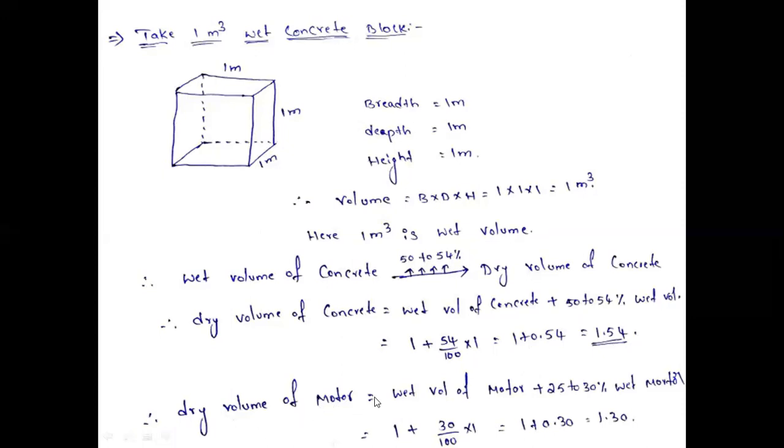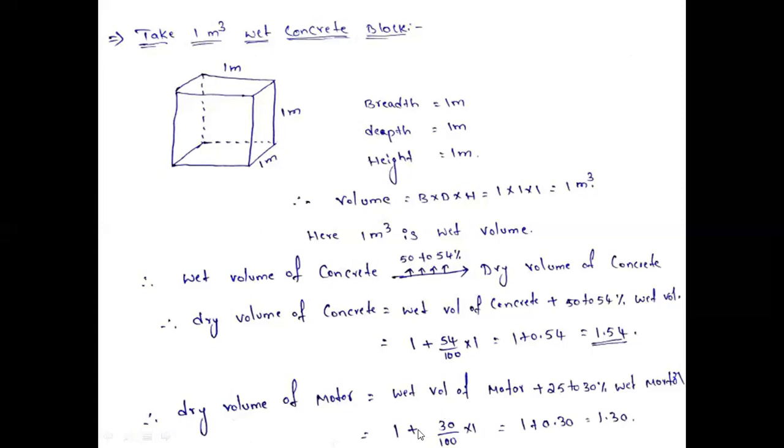Next, similarly, the dry volume of mortar. Here, dry volume of concrete is mixed with cement, fine aggregate, and coarse aggregate, while dry volume of mortar has cement and fine aggregates. The formula is the same: wet volume of mortar plus 25 to 30 percent of wet mortar gives the dry volume of mortar.